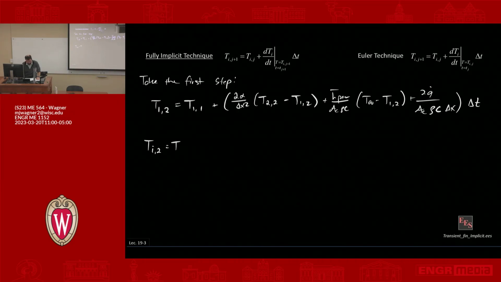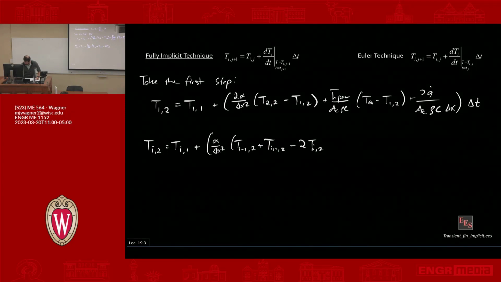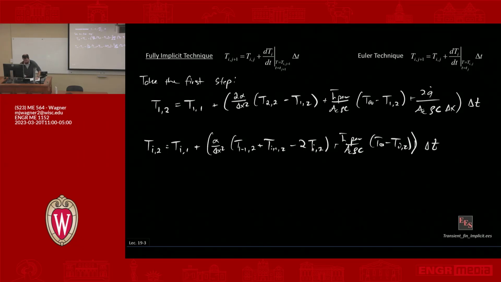Ti,2 is equal to Ti,1 plus alpha over delta x squared times (Ti-1,2 plus Ti+1,2 minus 2 Ti,2), plus h bar perimeter over A_c rho C times (T infinity minus Ti,2), all of that times delta t.